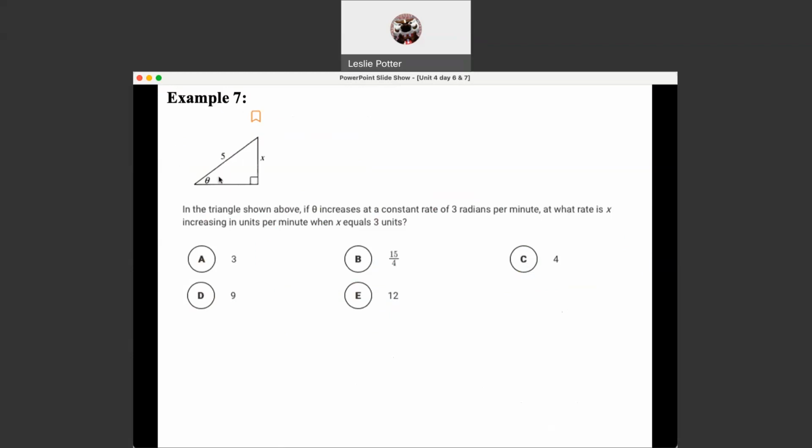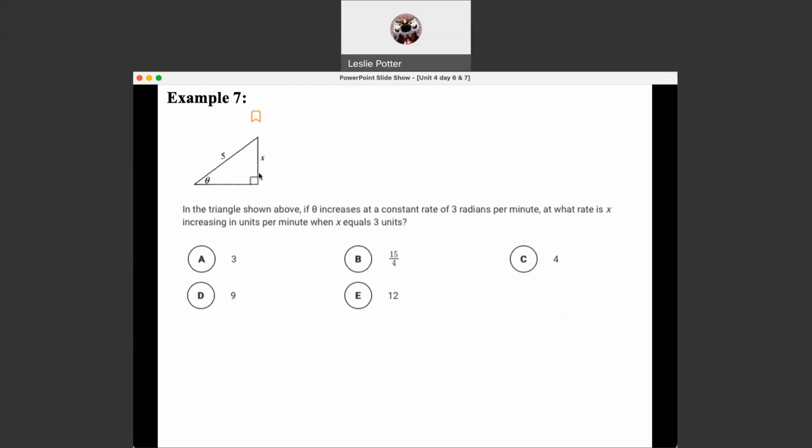So looking at this, this is 5, which means it's constant. So if theta is increasing, that means the hypotenuse here is kind of rotating outward, making that angle bigger. But if the hypotenuse rotates outward, then x has got to be getting longer.